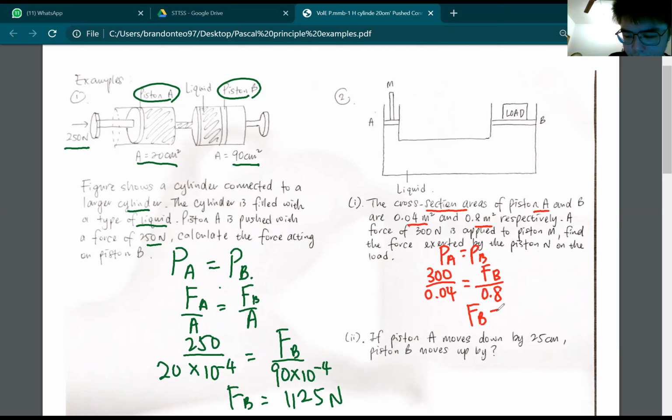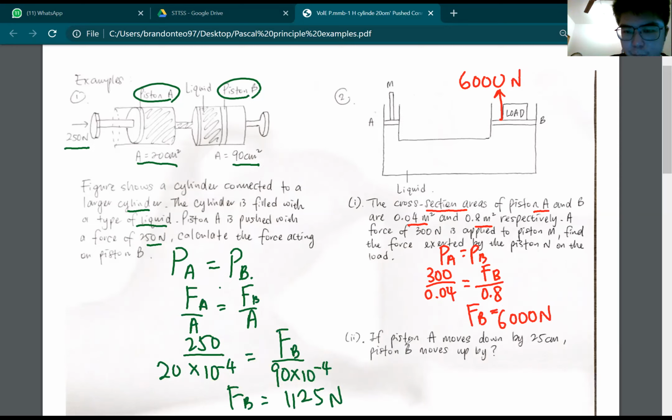So FB is 6,000 Newton. Here at the larger piston, it exerts 6,000 Newton, meaning that it can lift up any object with a weight of maximum 6,000 Newton.